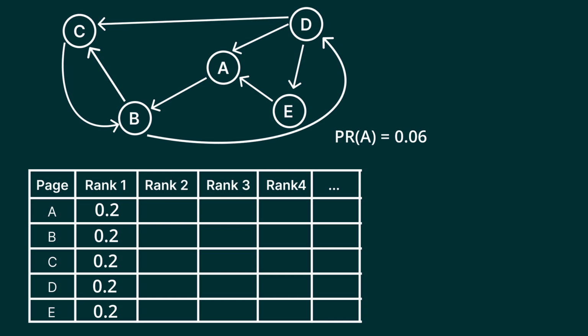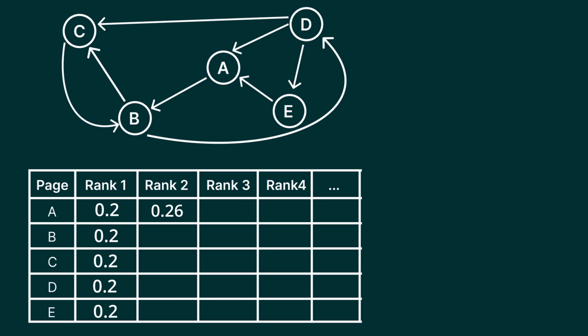Now let's focus on page E. E has a PageRank of 0.2 in the previous iteration, and it contains only one outgoing link, which means we get 0.2 divided by 1, which is 0.2. Now the new PageRank of A is 0.06 plus 0.2, which is 0.26.